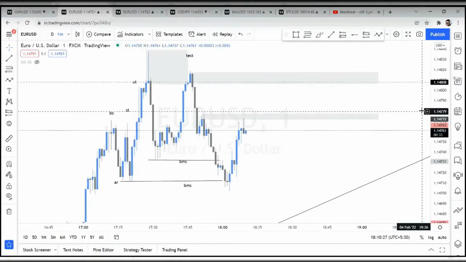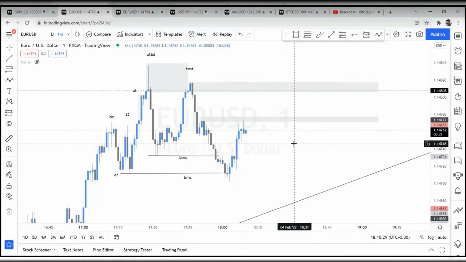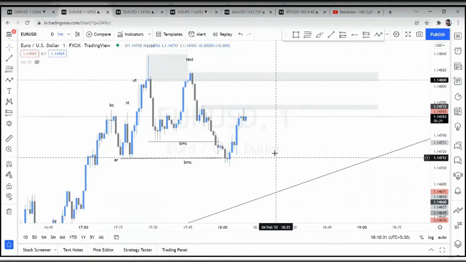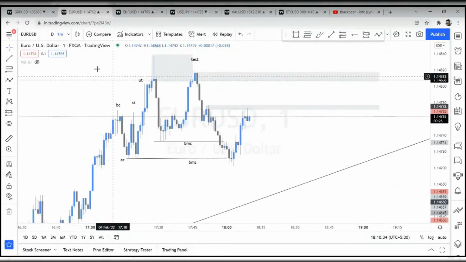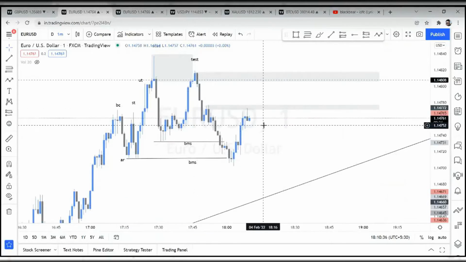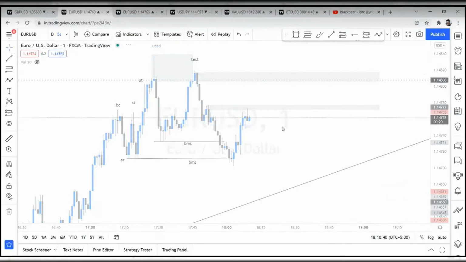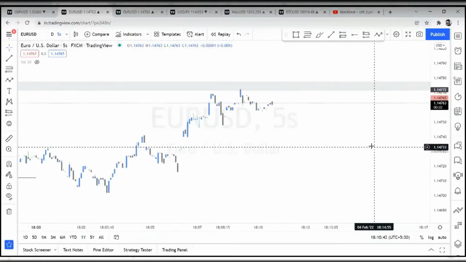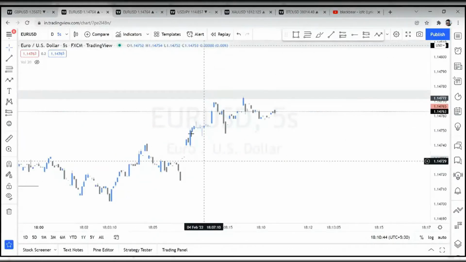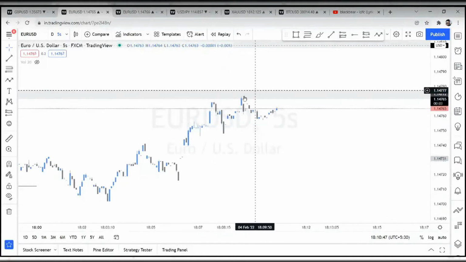I won't be involving on this right now because it's already 6th. We have NFP in a couple of, like, 50 minutes, and let's just see, okay, if this works. Buying climax is just this UT, this is UTAD.